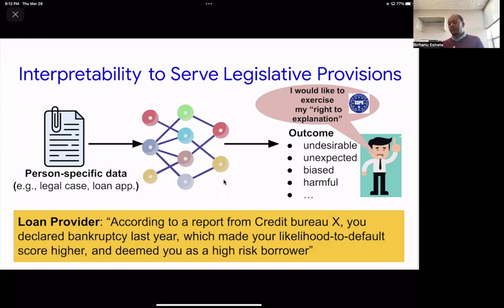So the loan provider could use this as an explanation to serve this right to explanation by the customer, which is legally backed because the regulations allow people to seek explanations. So that is another important use case that highlights the importance of interpretability.